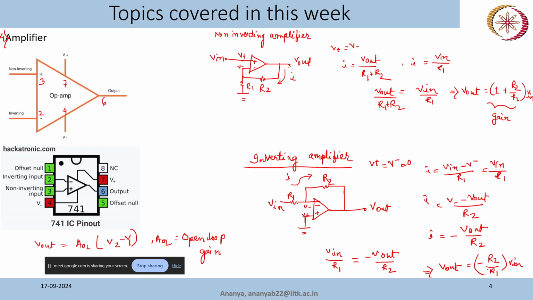The amplification is happening but the signal is inverted, and for the non-inverting amplifier the gain is positive. That means we are getting amplification but the signal has the same phase as the input signal. Okay, so this is about inverting and non-inverting terminal.